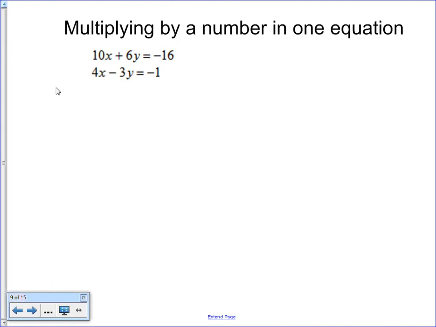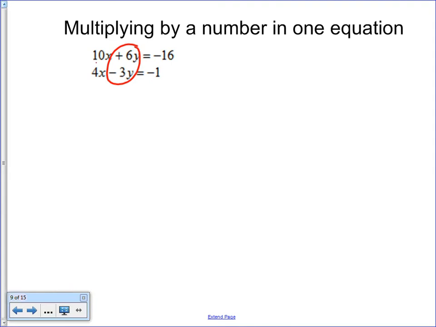So taking a look at this, remember what your aim of the game is: to get opposite terms. So is there any way I can multiply 4 by something to get, let's say, a -10x, or is there anything I can multiply 10 by to get a -4x? Yeah, there isn't really anything that works. So maybe let's look at the y terms. So I have a 6y and a -3y. Well, first off, one of them's negative and one of them's positive, so we're good there.